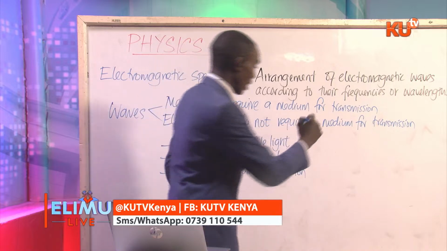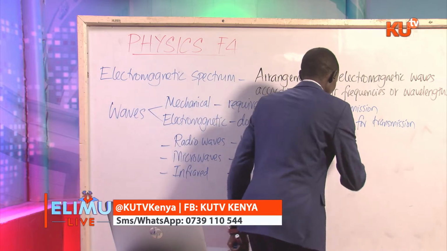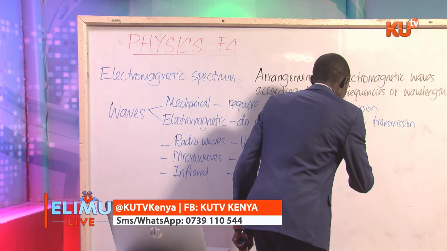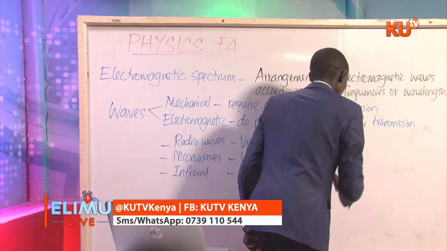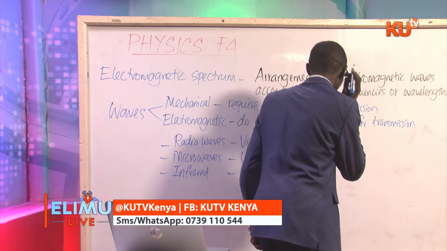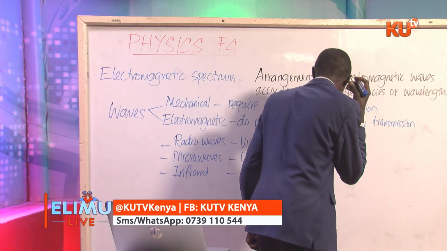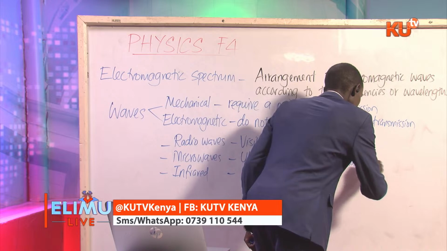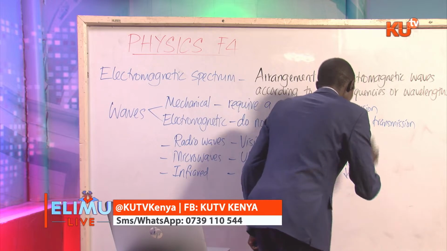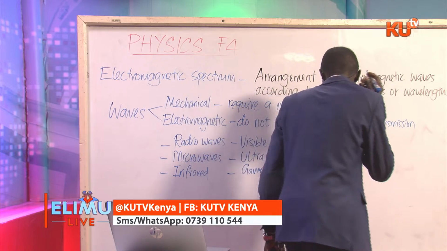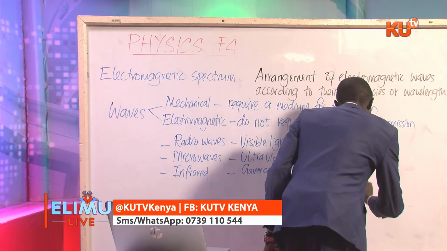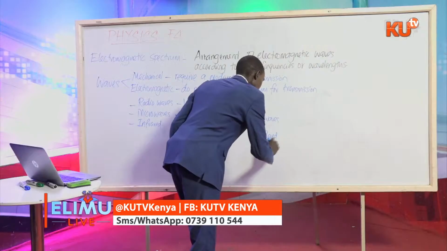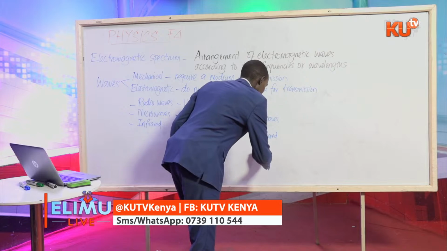For example, I'm going to arrange them, starting with radio. Going down, we are moving to microwaves. Going down, infrared. Going down, visible light.